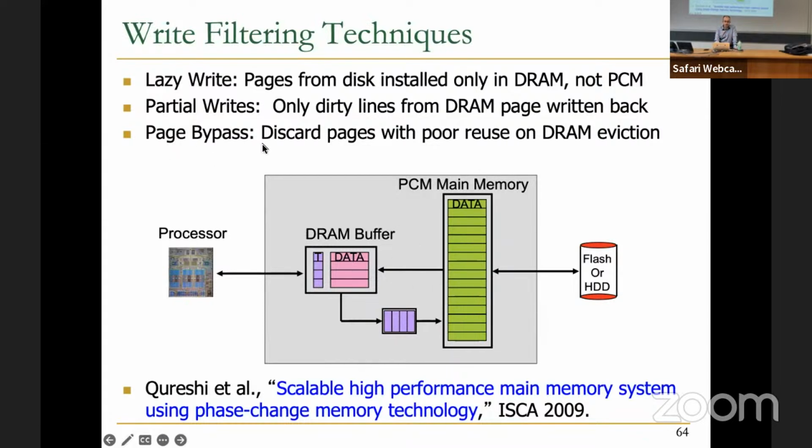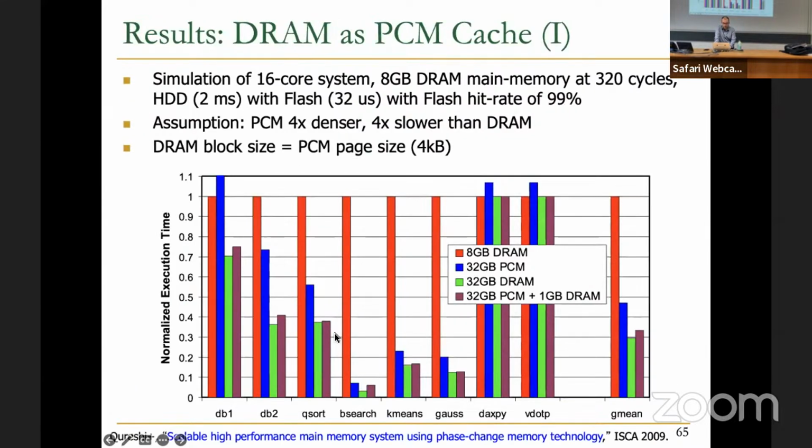But at some point, you don't need to write them back even to PCM. You just write them back to the flash or hard disk drive. So you can also do this page bypass. You just discard pages with poor reuse on DRAM eviction. If you want to learn more detail, you can check this paper, of course.